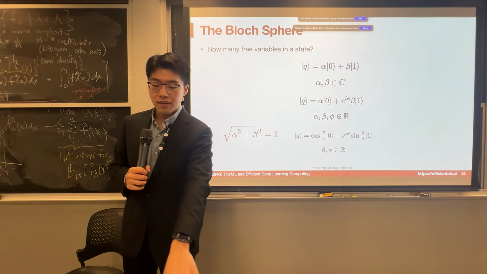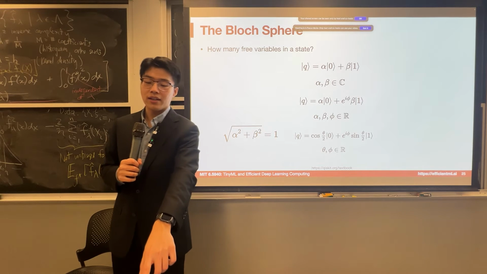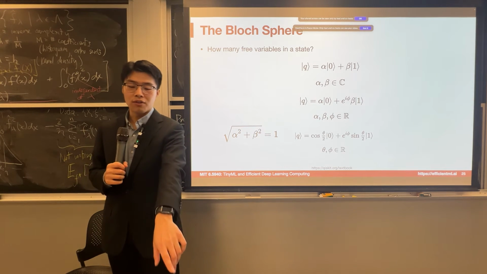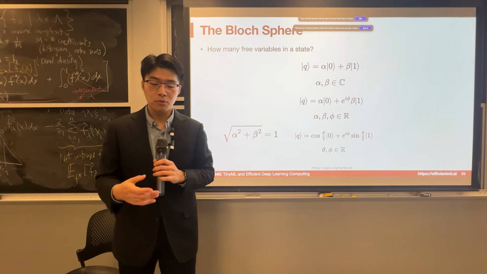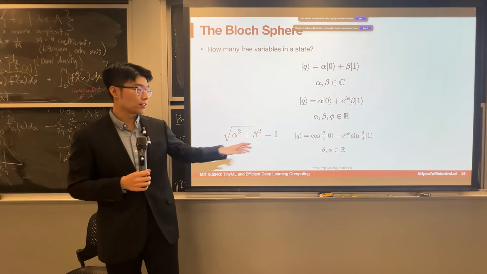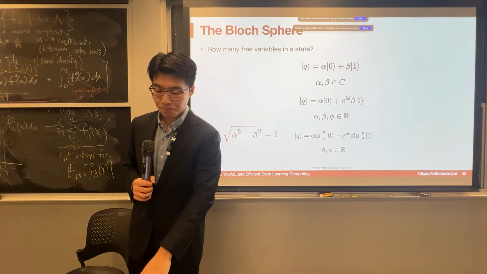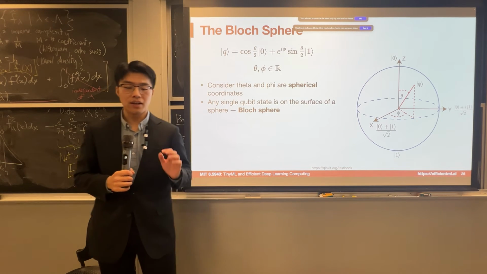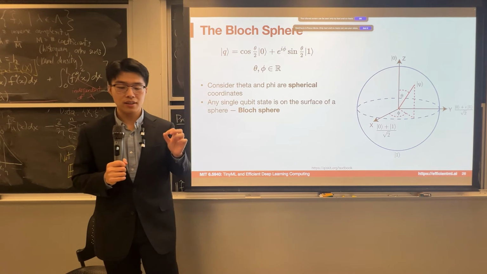And then for the third row here, if we represent alpha and e^(i phi) beta as cosine theta over 2 plus e^(i phi) sine theta over 2, then we can find that actually the system has two free dimensions, because alpha squared plus beta squared should be 1. So in that case, we can use a very intuitive sphere to represent the state of one single qubit, right?